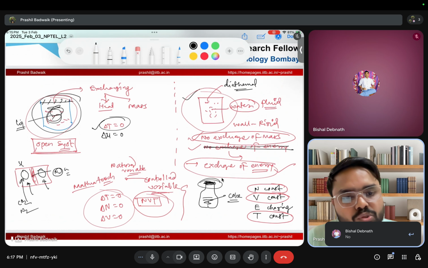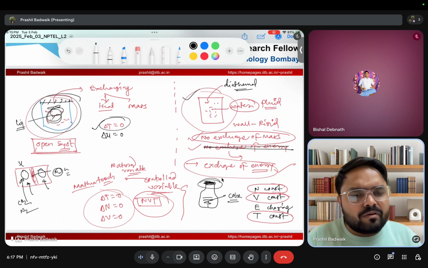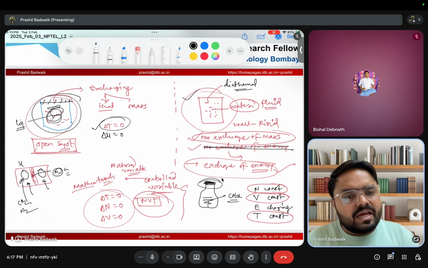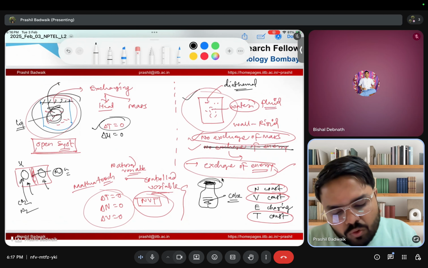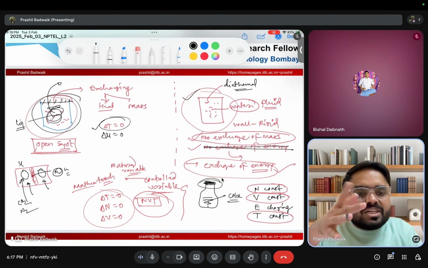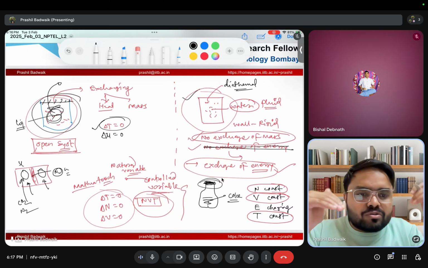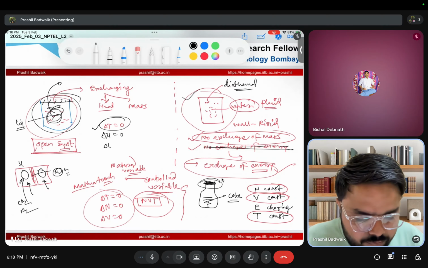The volume of the system is not changing, correct? In some cases the volume may change, because for example a gaseous particle may go somewhere, so there is a change in the volume of the reaction mixture present, but the system volume is constant. So in that case, delta V is equal to 0.